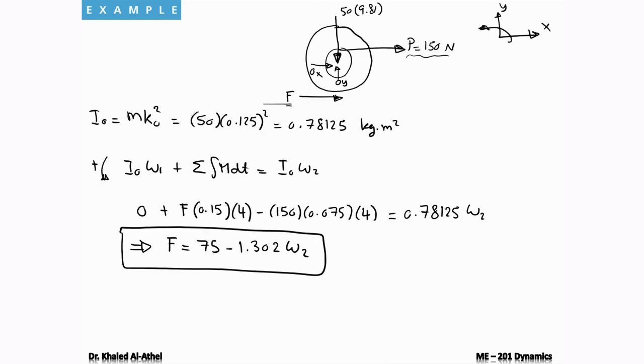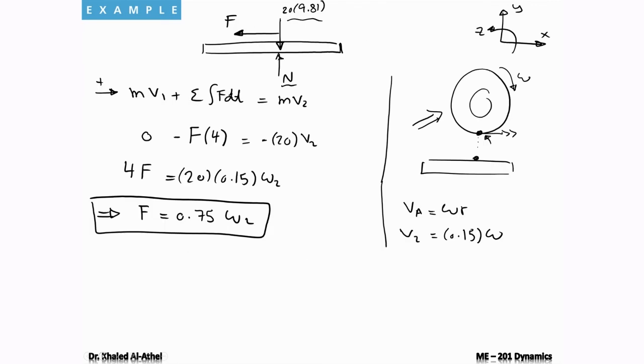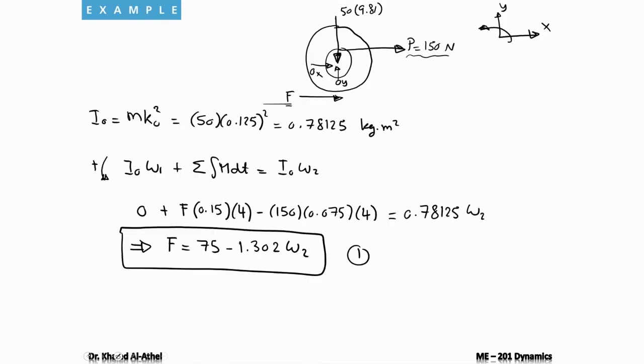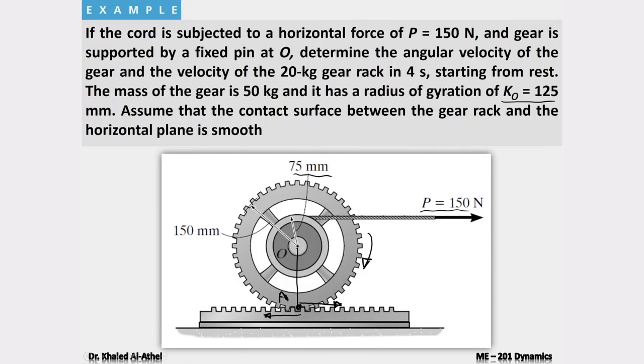So this was equation 1, and this is equation 2, two equations with two unknowns, and I can solve them. Solving the two equations will give me that omega 2 should equal 36.5 radians per second.